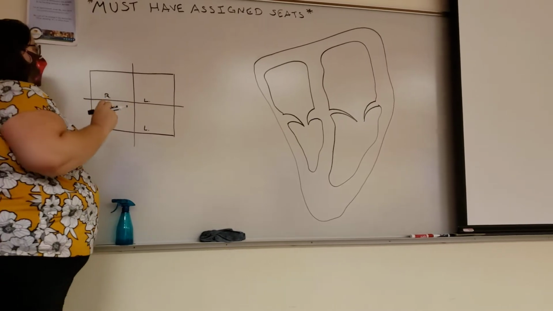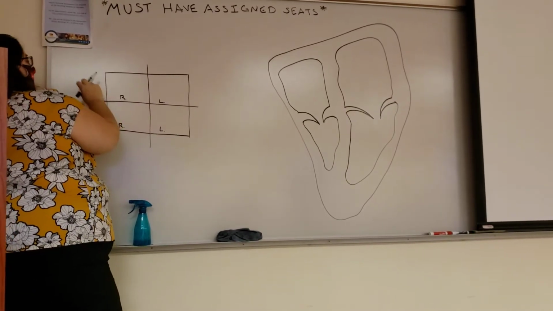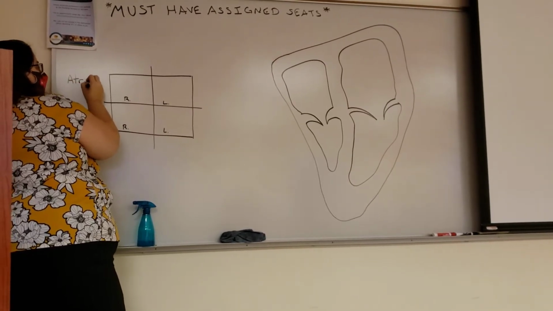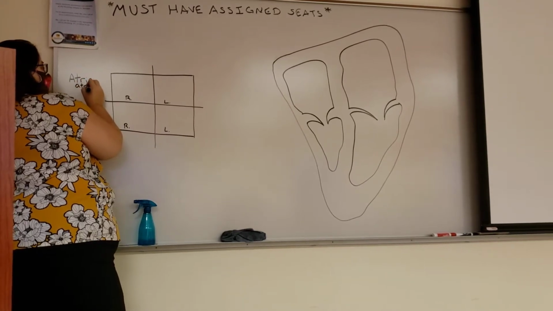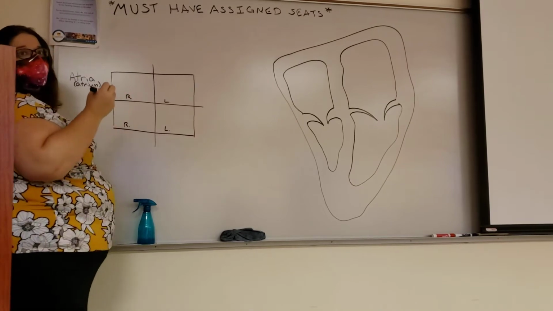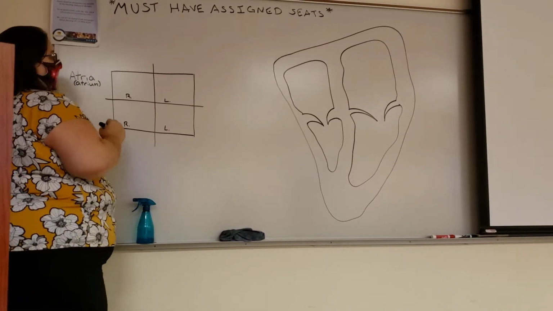Right? So the top chambers are called the atria. If you want to only refer to one of them, it's called an atrium. It's one of those weird Latin words where the plural ends in an A instead of an X. Right?